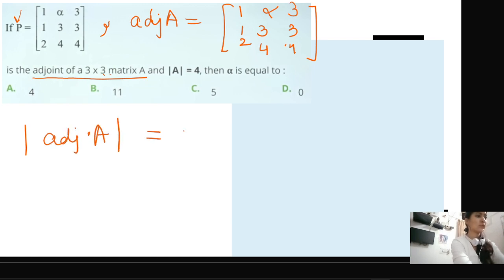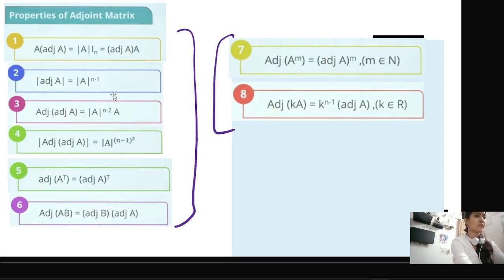So that is equal to determinant of A to the power n minus 1. We have already studied this property. See this one: determinant of adjoint of A is equal to determinant of A power n minus 1. So we are going to use this property here.